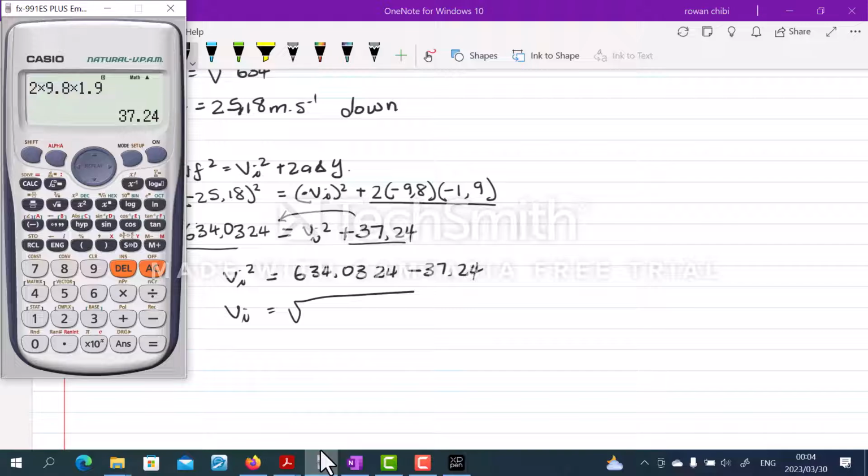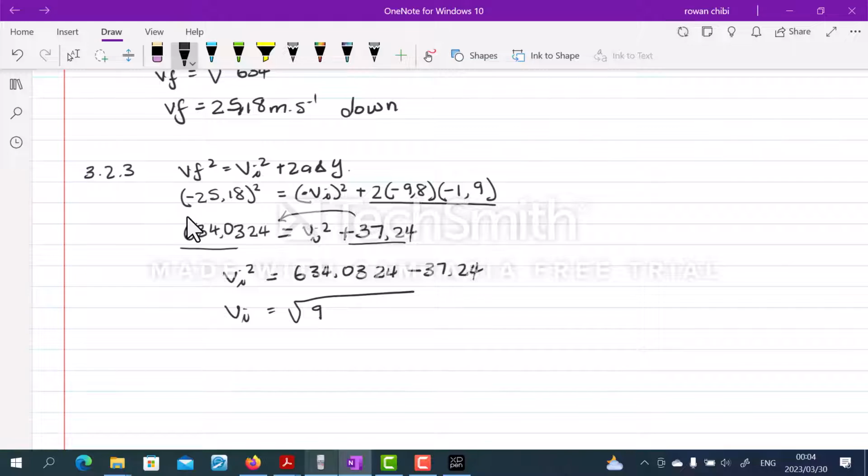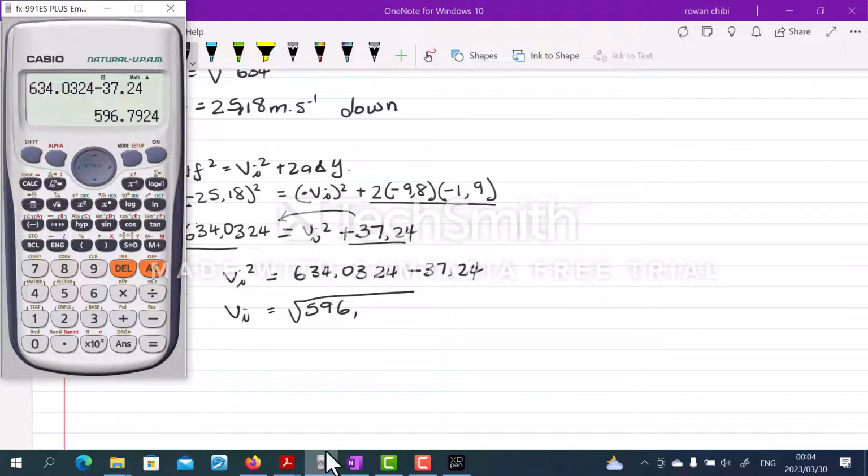We have 634,0324, we subtract 37,24, and then we have 596,7924.